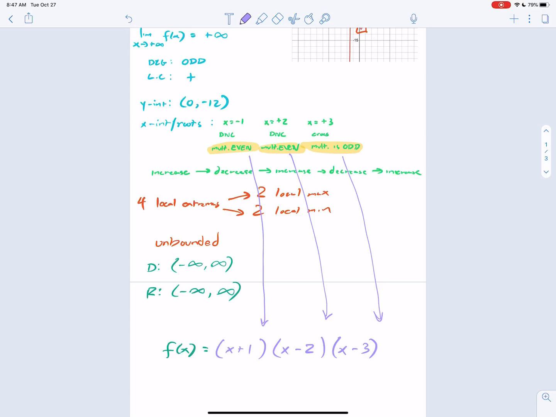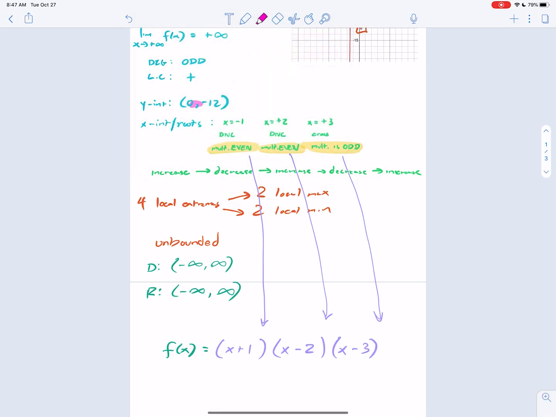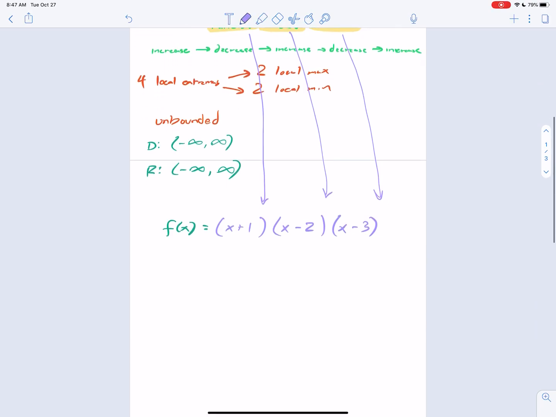Okay, so I know that I have to get a y-intercept of negative 12, meaning when x is 0, this becomes 1. When x is 0, this becomes negative 2. And when x is 0, this becomes negative 3. Okay?